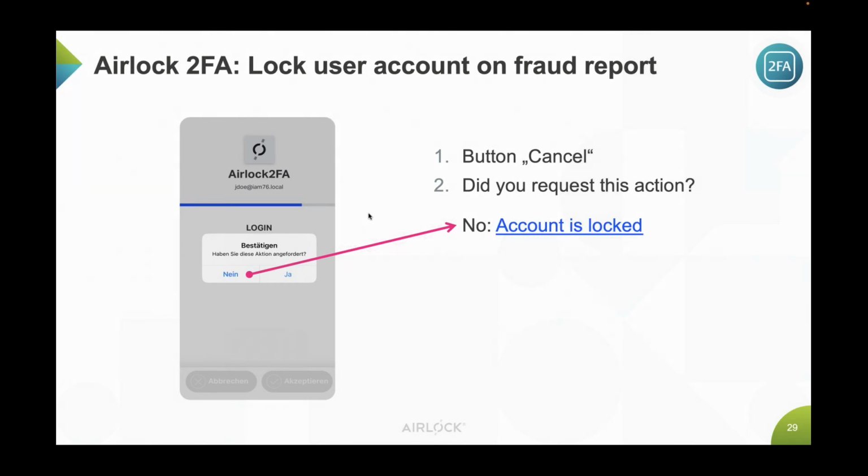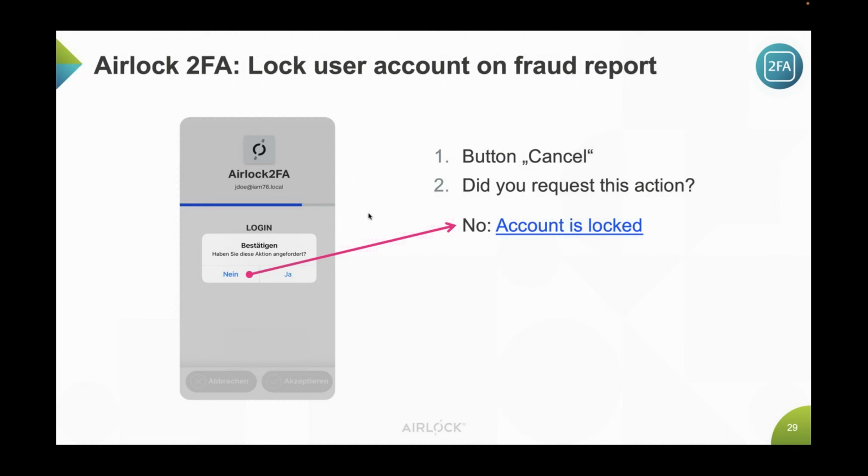And then there is a second question where the app asks you whether you requested this action or not. Now, in the past, saying yes or no to whether you requested this action didn't make a difference. With IAM 7.6, you can configure it to make a difference. If the user says, no, I did not request this action, then you can automatically lock the account.